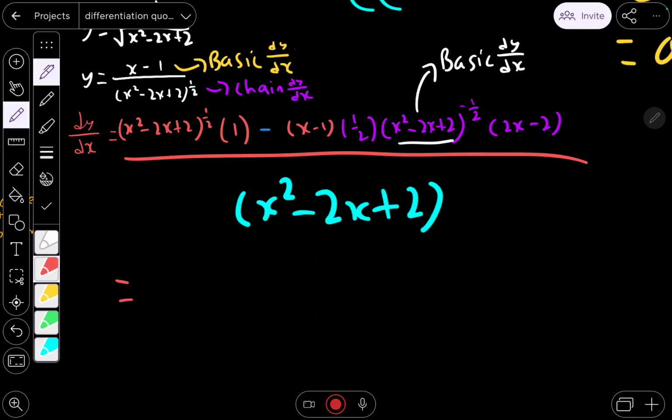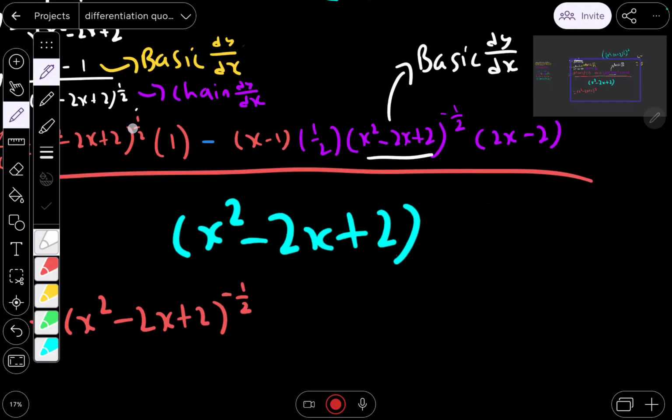No, right? How about your x squared minus 2x plus 2? Have anything in common? Have, right? Always remember, take the lowest one. So what's the lowest? It should be x squared minus 2x plus 2 to the power of negative half. Why negative half? Because as I said earlier, take the lowest one. Compare half and negative half, which is smaller.